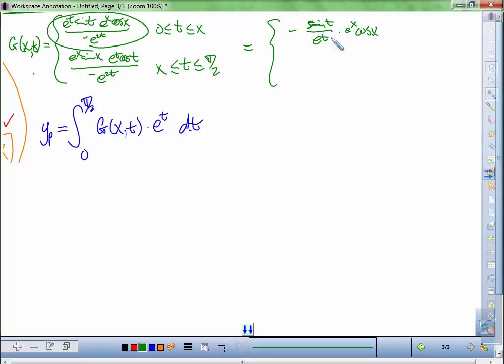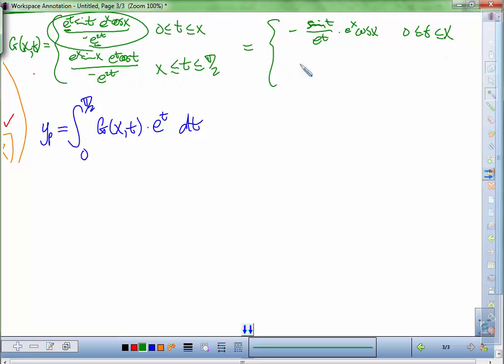In the denominator we have e to the t, and in the numerator we have e to the x, but I also have e to the t here, and so that's what I canceled. All right, and so this is again from 0 to x.